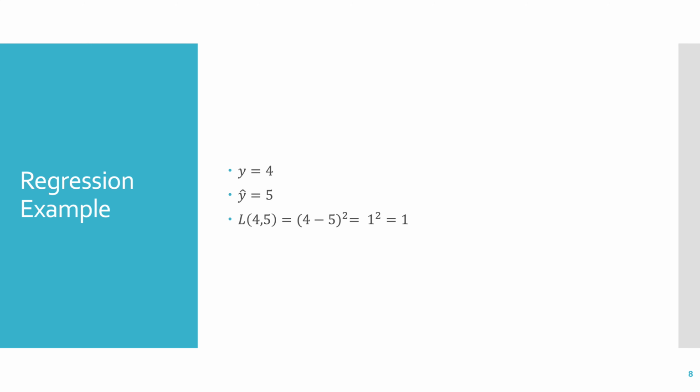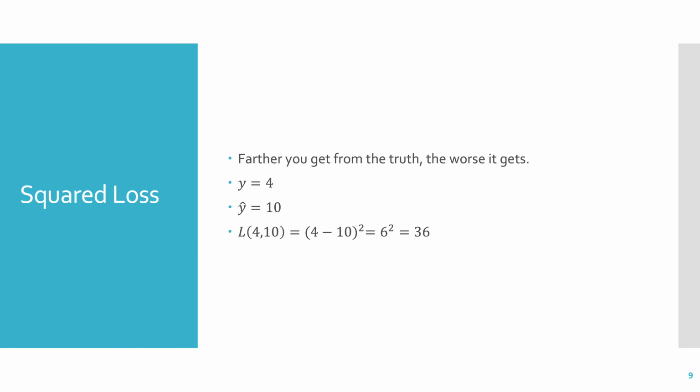So the squared loss does not care in what direction you're wrong, just how far away you are from being right. And the further you get from right, the worse it is. A large loss is bad. Let's try it out. If y hat is 10 and the label is 4, the loss is 36. That's not good.